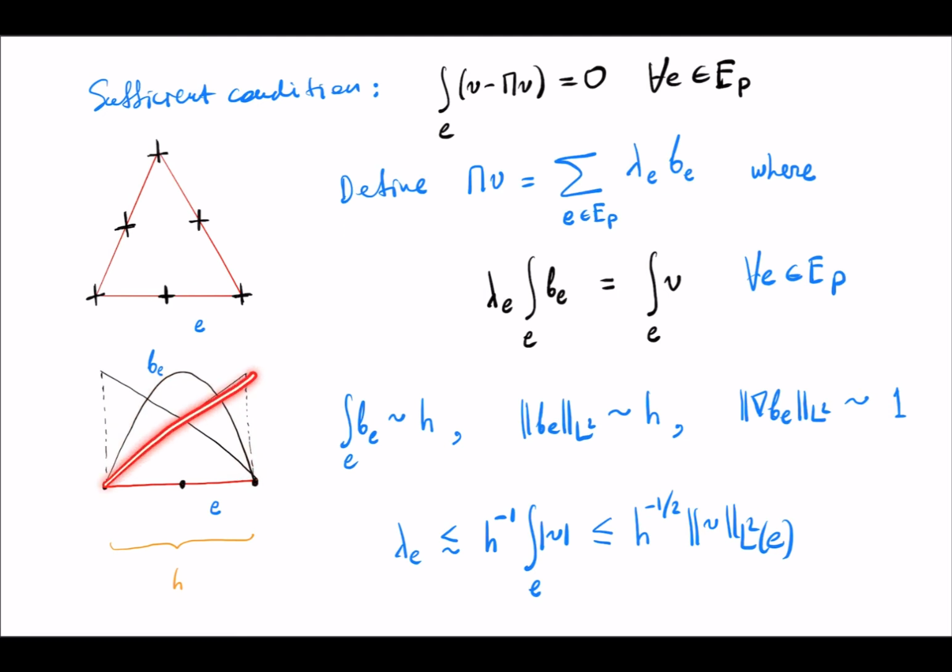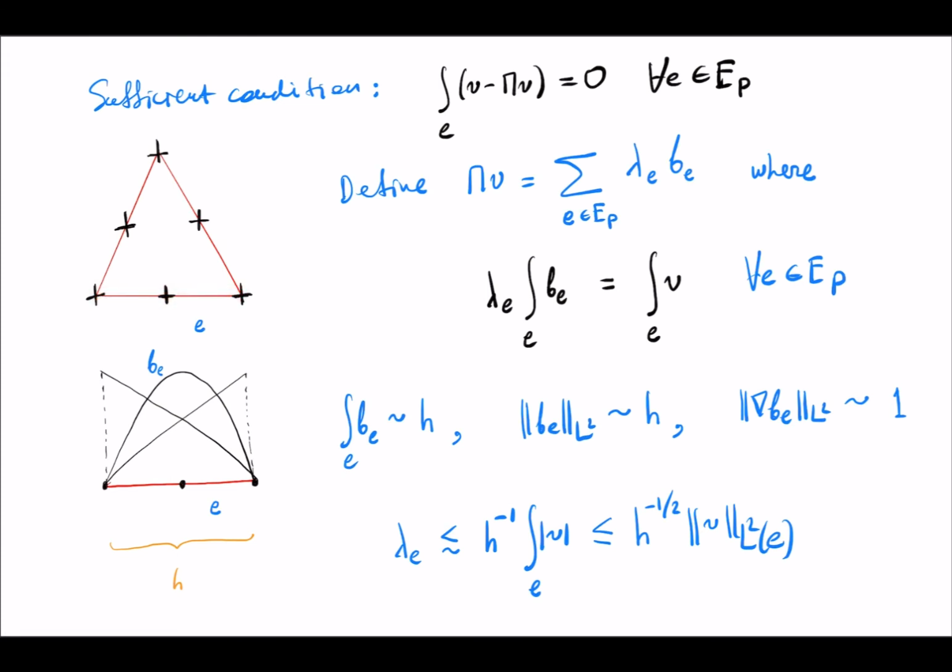You can also take this linear shape function, and we're calling the edge length h. This BE is the edge bubble function corresponding to this edge, which would be supported in the 2 triangles which include this E as their edge.